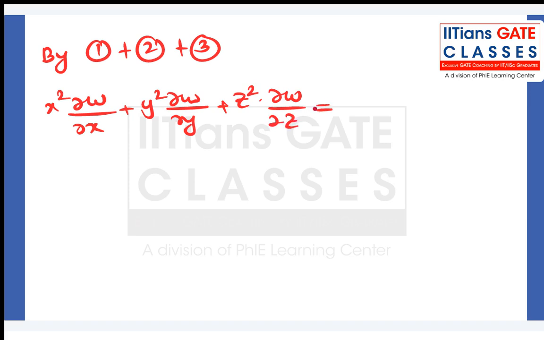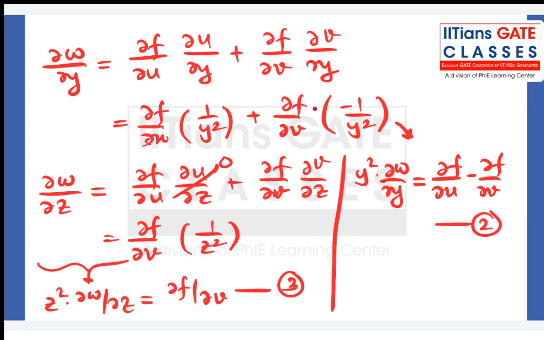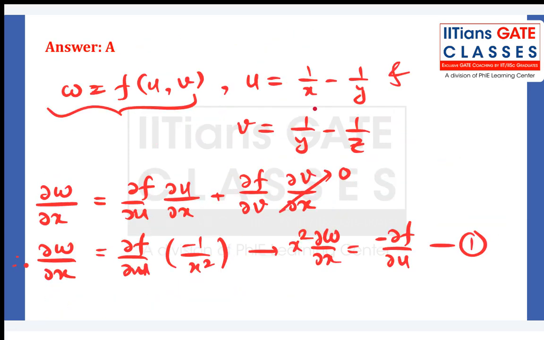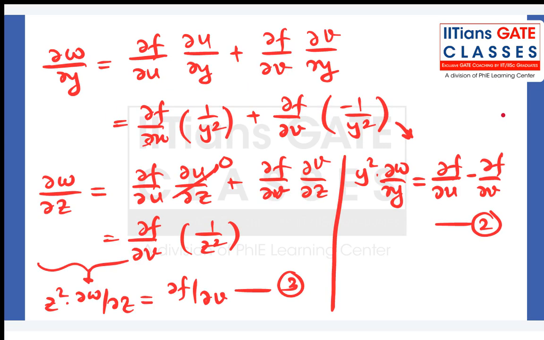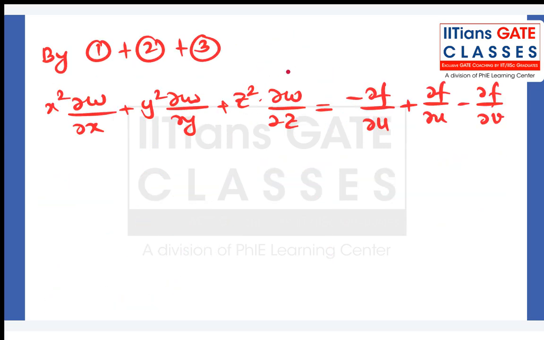And what will you have on the RHS? From equation 1 it will be minus del f by del u, plus equation 2 will give you del f by del u minus del f by del v. The last one gives you plus del f by del v. And if you see, the first two terms cancel each other and the last two cancel each other. So this is your answer, which is nothing but 0.